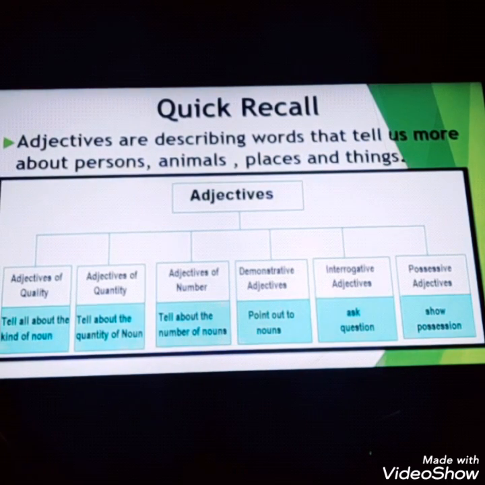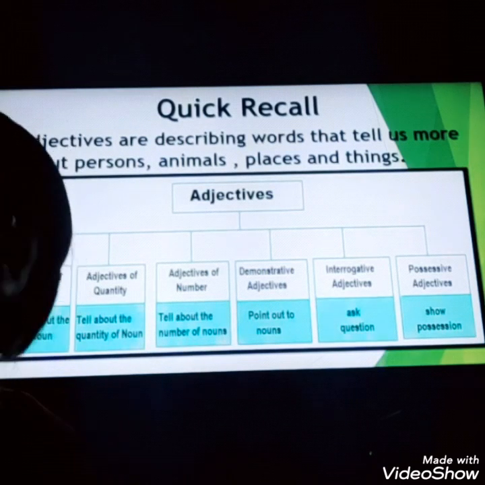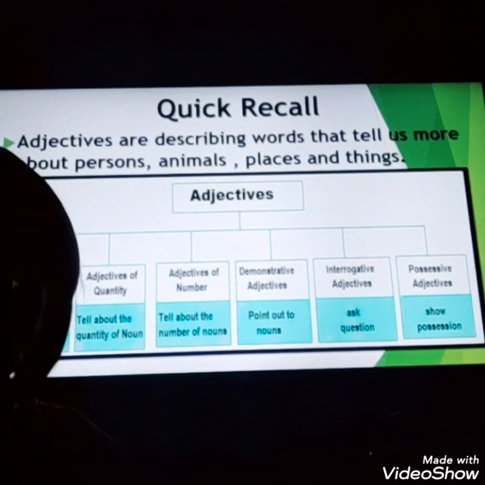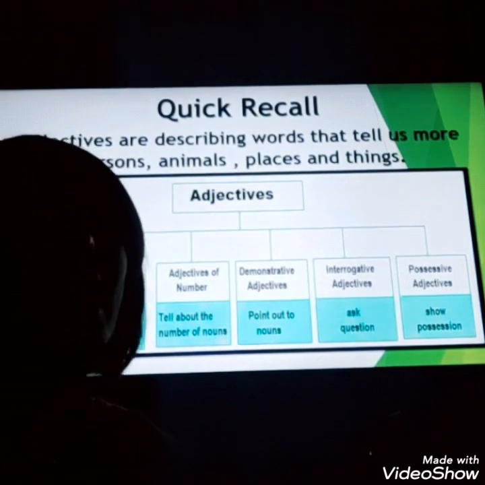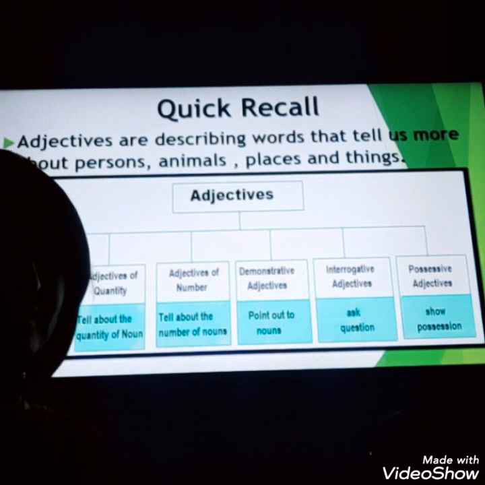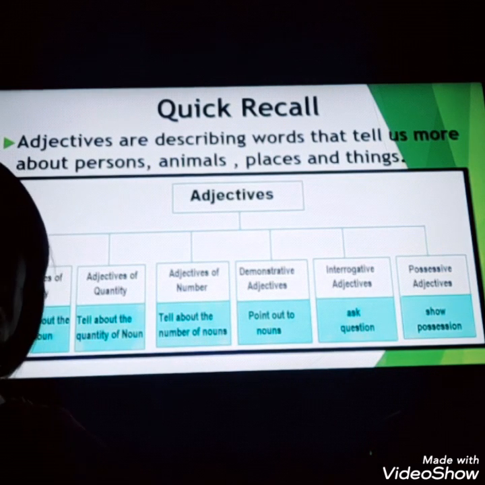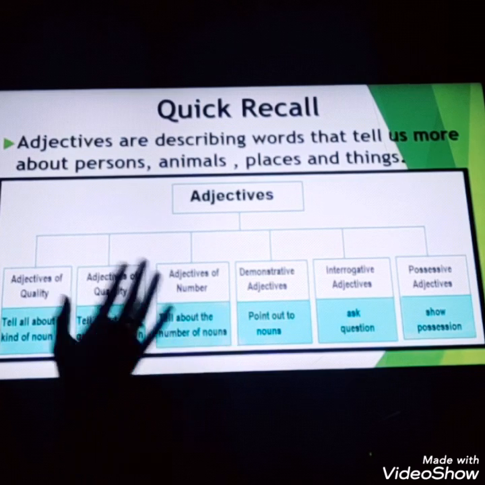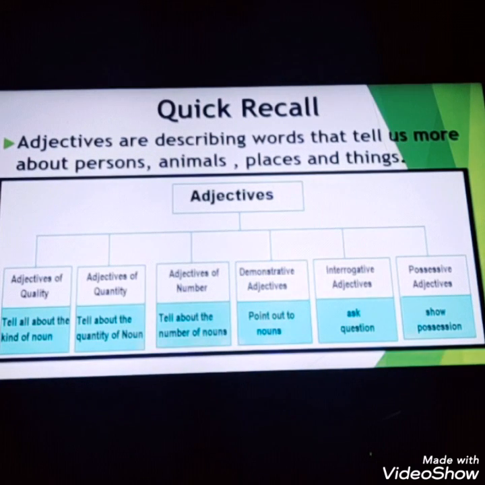So if I say, he is an old man, here old is an adjective as it is describing a noun. Remember students, adjectives are describing words.